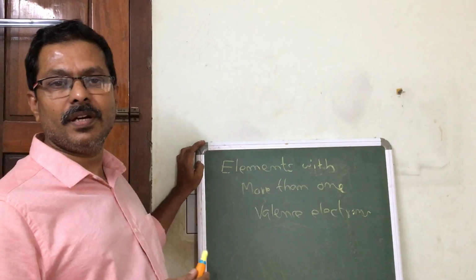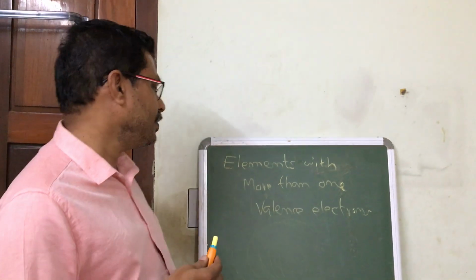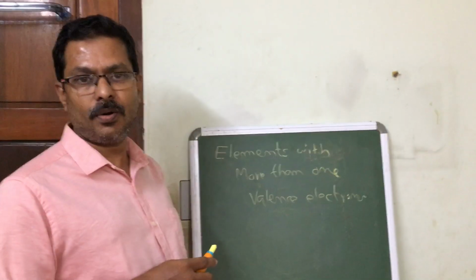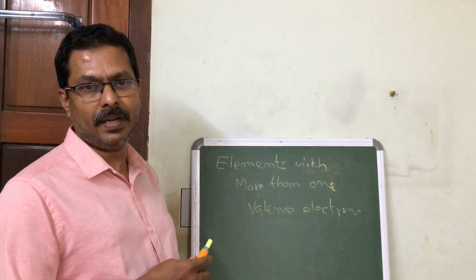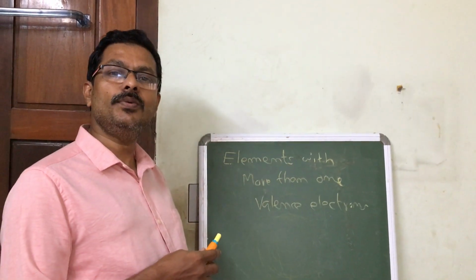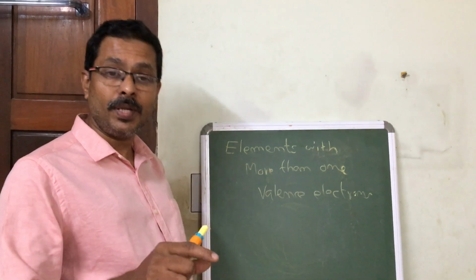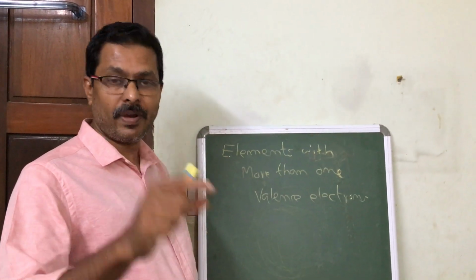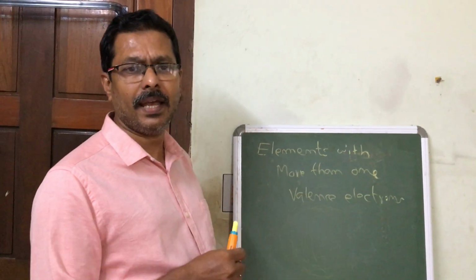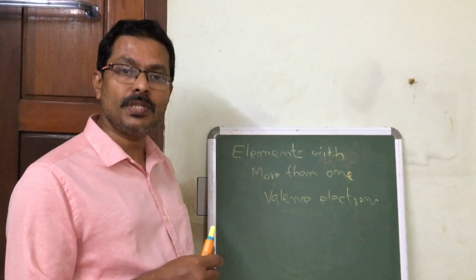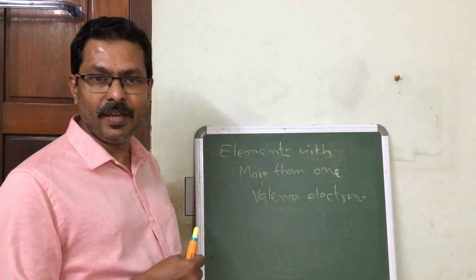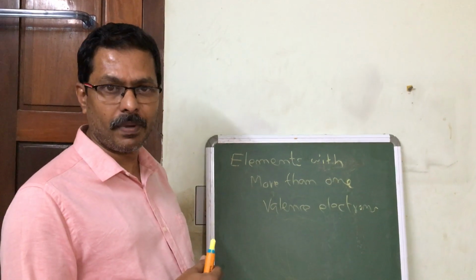We have already discussed elements with one valence electron, that is your alkali metals. There, in order to explain the hyperfine structure of spectral lines, we have introduced a new quantum number J known as the inner quantum number.